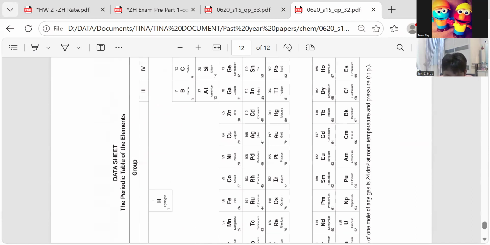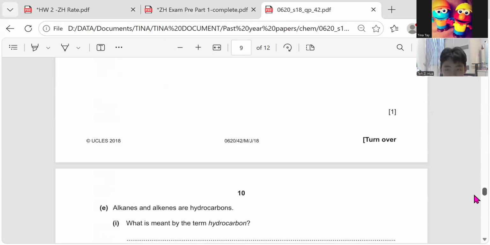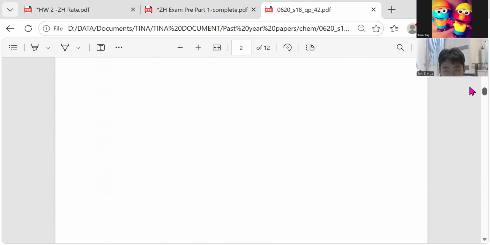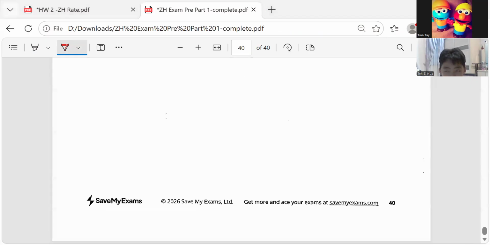Tell me what factors affect electrolysis. That means how do I choose which ion to discharge at the anode or the cathode? Start with the anode.